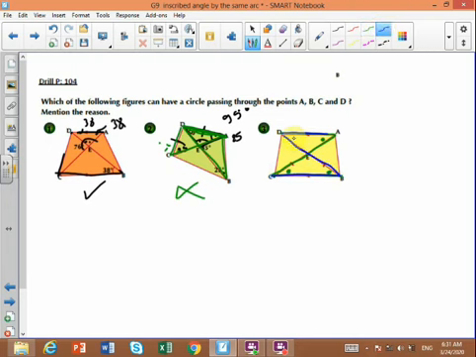So this angle will be equal to this angle. So since B equals C and A equals C and D equals B, both A and B will be also equal, and they are with the same base DC. So also this one has one circle passing through it.